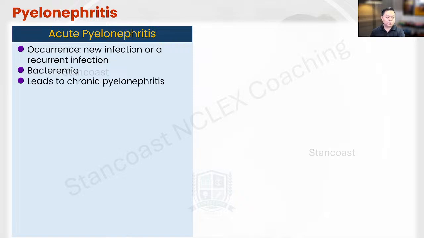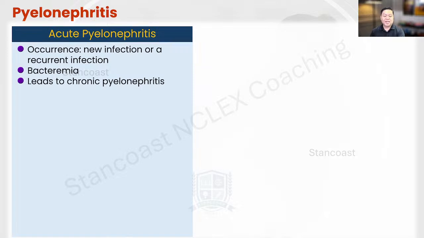Now, we have to talk about the possibility that this acute pyelonephritis can lead into a chronic form, and eventually, if this is not treated, over time, this will cause impairment of the kidney function. So the person might go into acute renal failure or CKD.